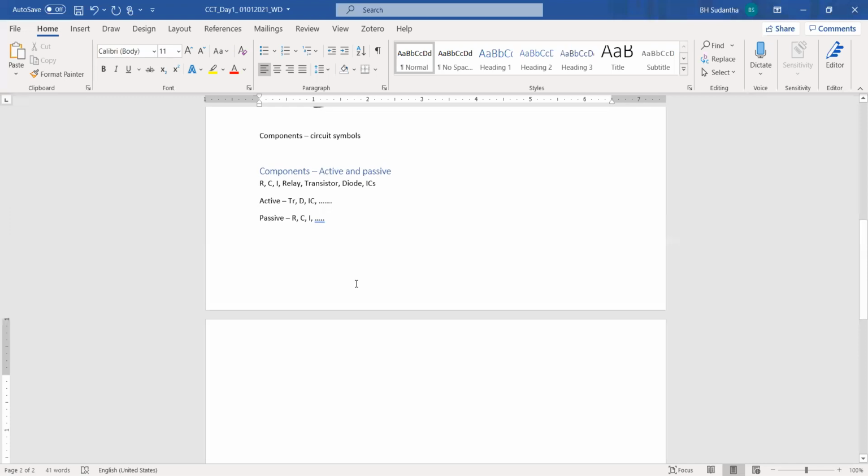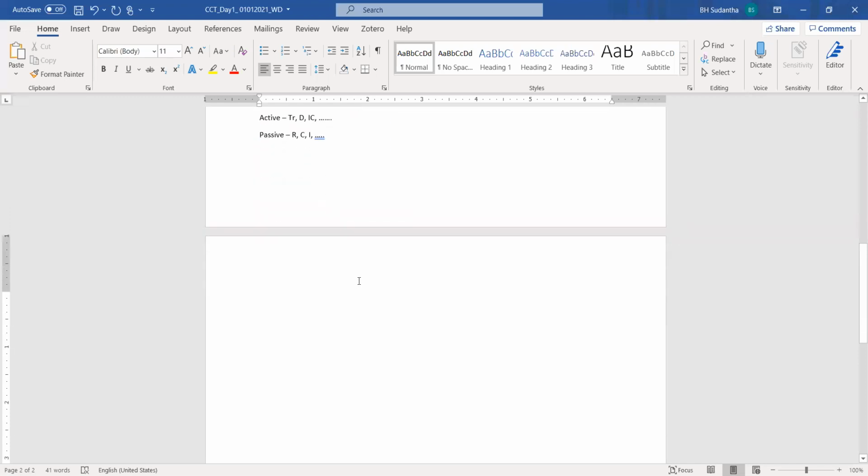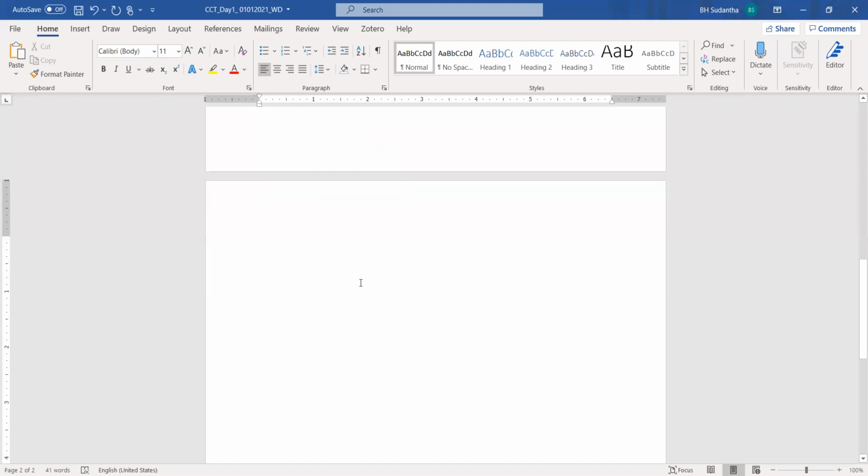Okay, then again, when you come to the circuits, we can draw the circuits and we know the symbols and everything. And again, we are coming to this one. Then after applying power, we have voltage, current, power, energy.